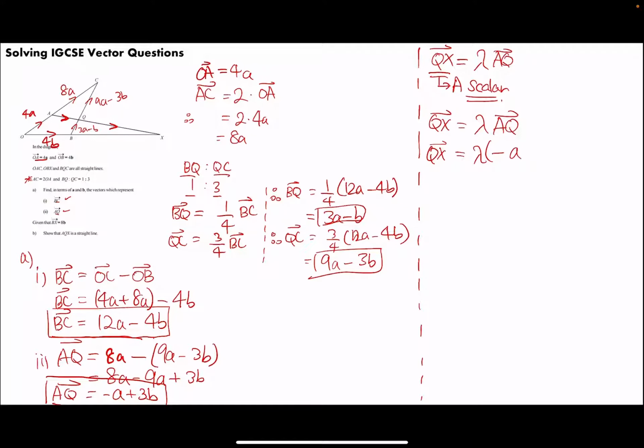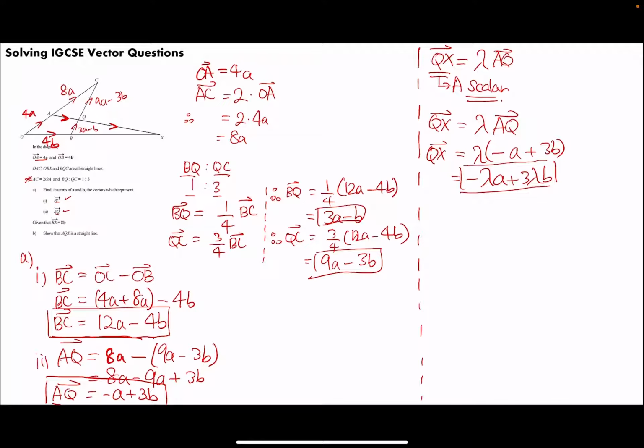So we know QX is negative A plus 3B. This is what we have here. We know this is QX, we're just assuming at this point.